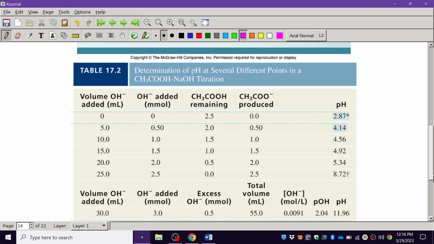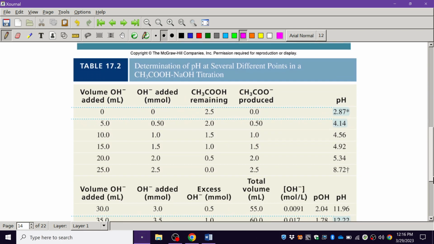But again, what you want to think about and what you need to do in preparation for exam 4 is you need to be able to calculate the pH at any point on this titration curve.